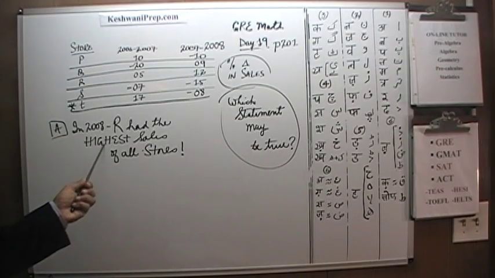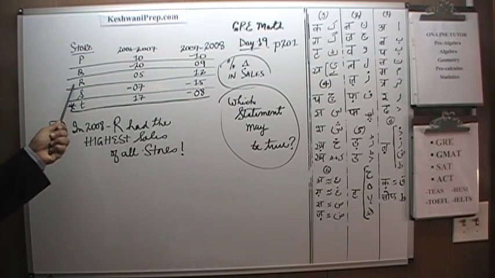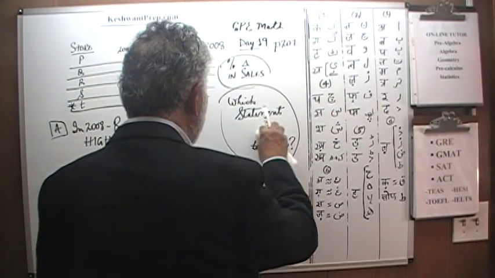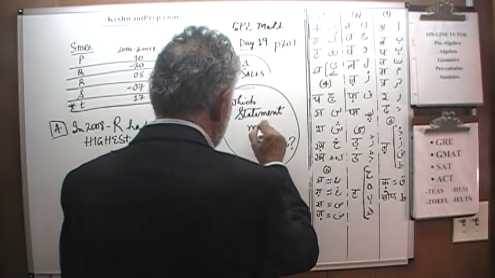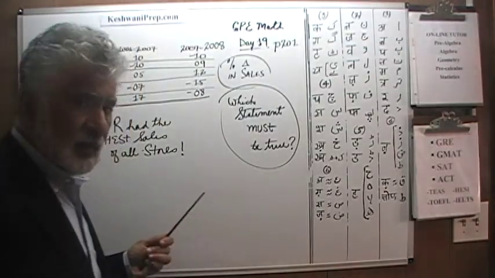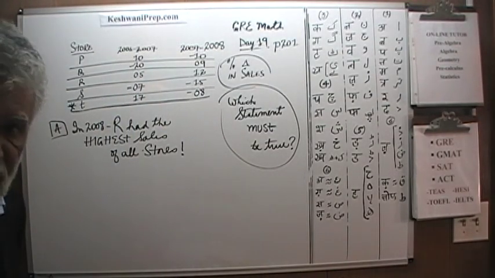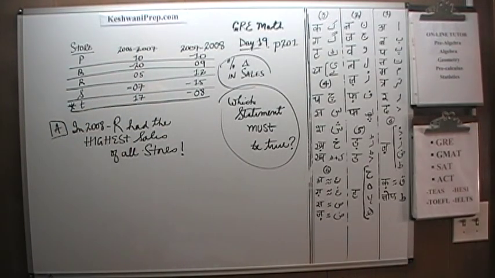Store R may have had the highest sales, who knows? But here the question is, which of the following must be true? Well, that we cannot tell. This statement may be true, but not necessarily so, because there are no dollar figures. Without the dollar figures, how are we to tell which store has the highest figure?